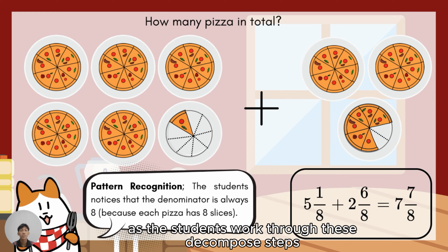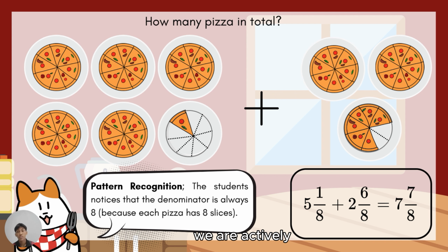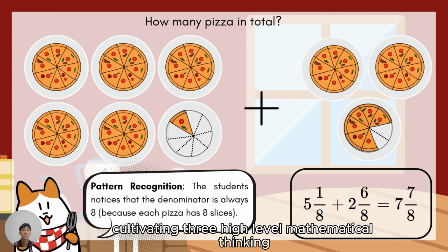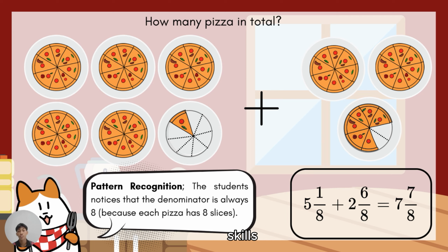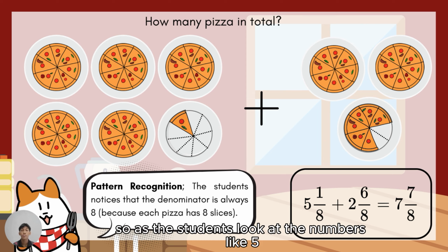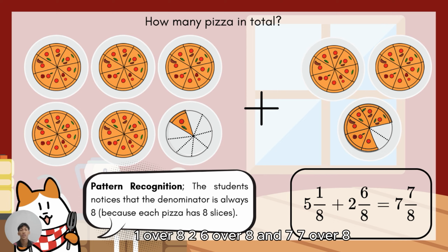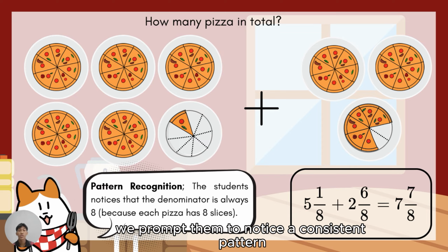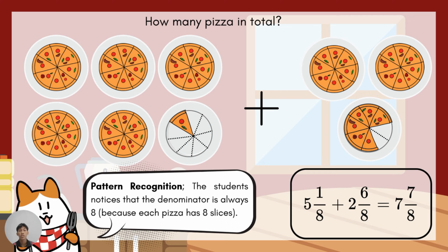As the students work through these decomposed steps, we are actively cultivating three high-level mathematical thinking skills. First, pattern recognition. As the students look at the numbers like 5 1/8, 2 6/8, and 7 7/8, we prompt them to notice a consistent pattern.